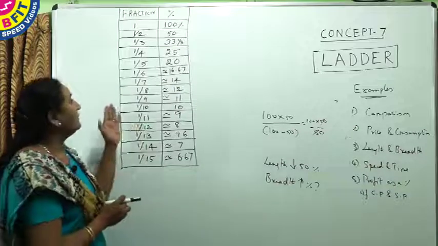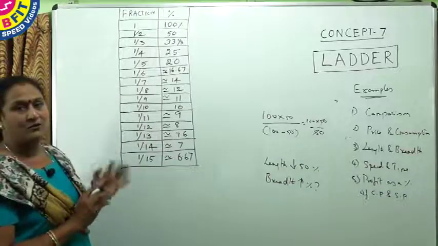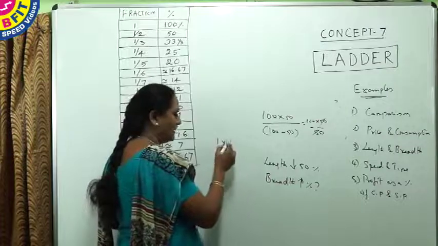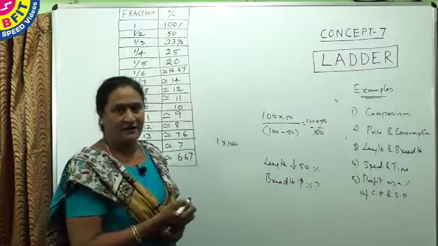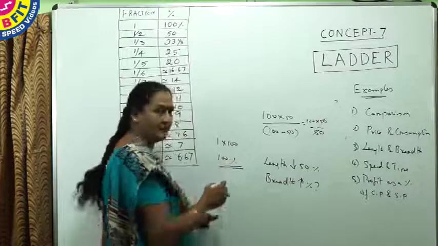So here we have the relation between fraction and percentage. If it is 1, what will be the percentage? I have told you to find the percentage, multiply it with 100, we get the required percentage. So it is 100%.